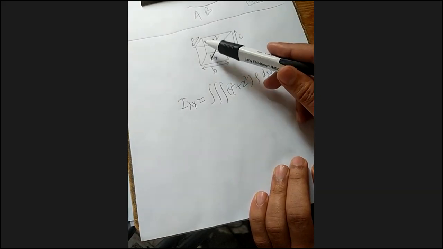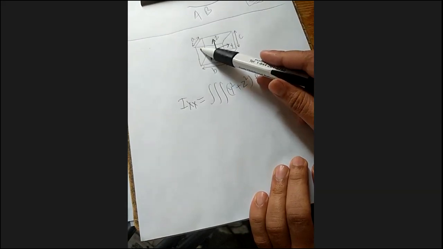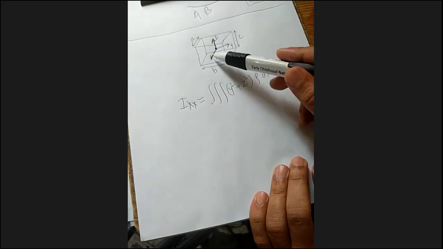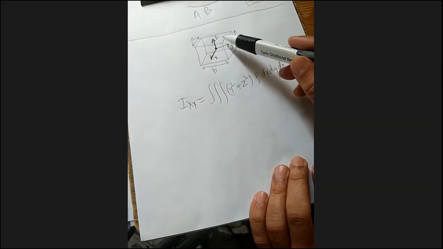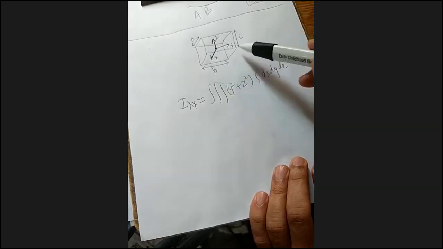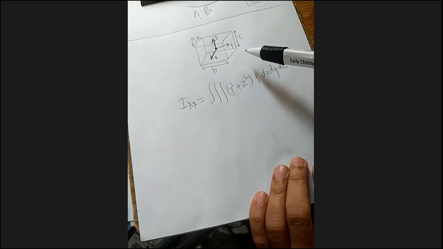This picture is a uniform solid block, not a cube, but rectangular, not cubical. So meaning A, B, C are not necessarily equal.